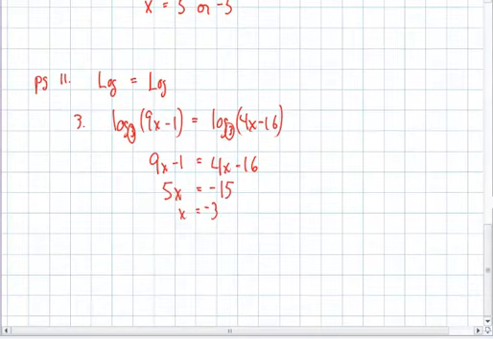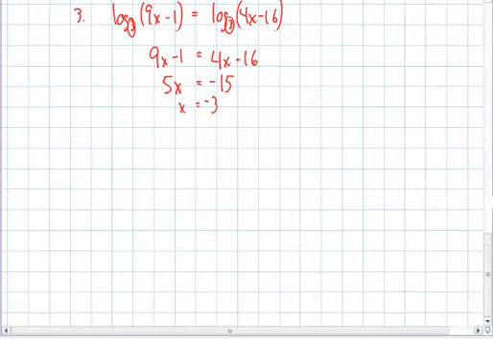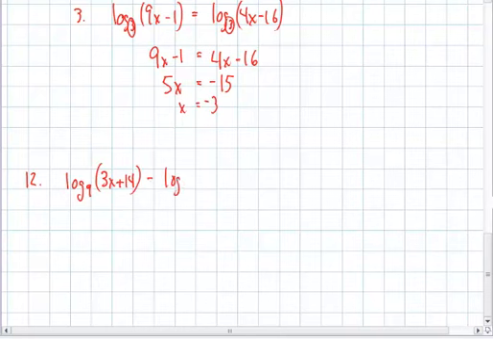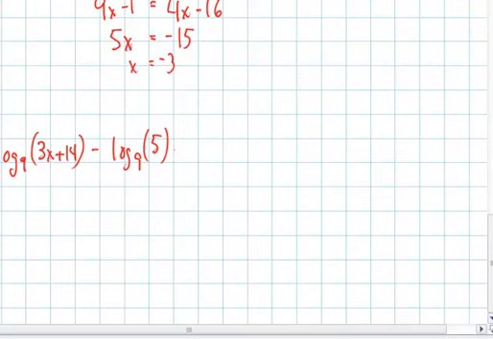Let's do a couple more of these complicated logs that were at the bottom. Let's say number 12. This one appears to be log base 9 of 3x plus 14 minus log base 9 of 5 equals log base 9 of 2x. In this case, you turn the logarithm on the left into one log as a quotient because of the subtraction.